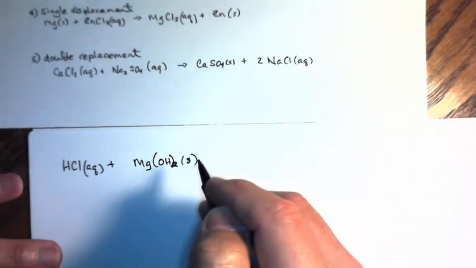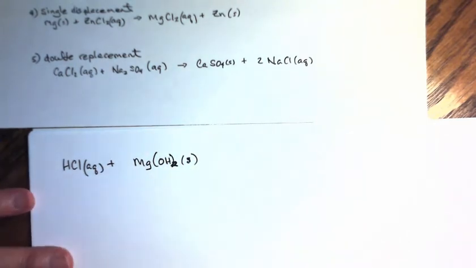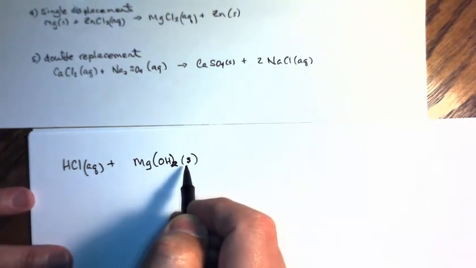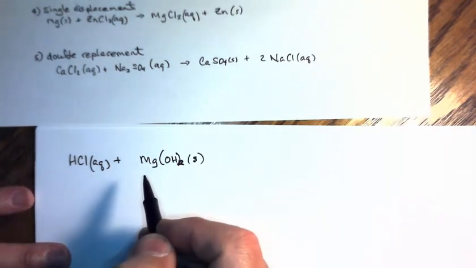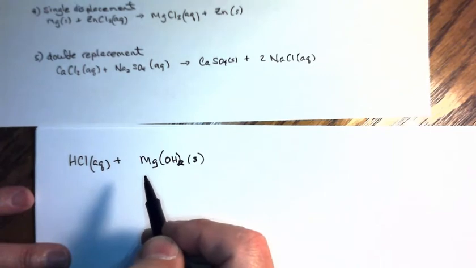The thing about solids in an aqueous environment, a water environment, is that everything dissolves a little bit or a lot. When we call it a solid like this in an aqueous environment, it means that most of it doesn't dissolve. It's mostly solid.